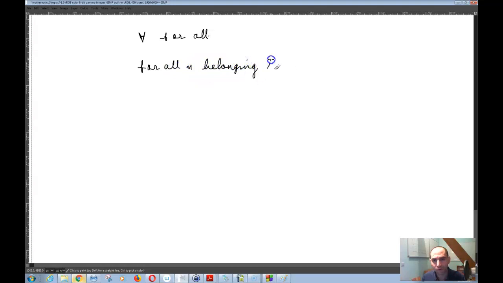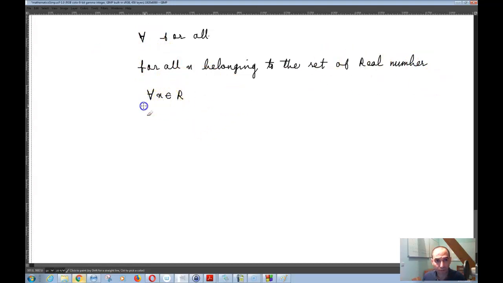So this means for all. For example, if you want to say for all x belonging to the set of real numbers, the way that you would write that, you would write it as for all x belonging to the set of real numbers.